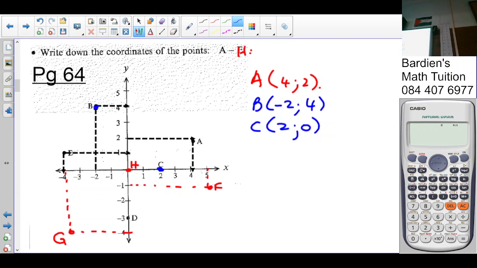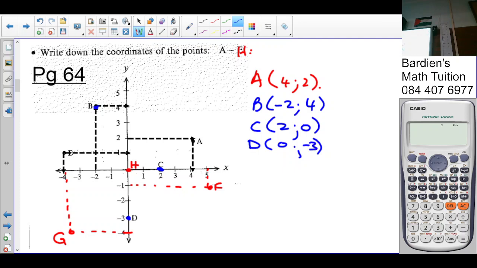Nice. D. What's your x value on the D? 0. No x's have a D. Right. What's your y value? Negative.